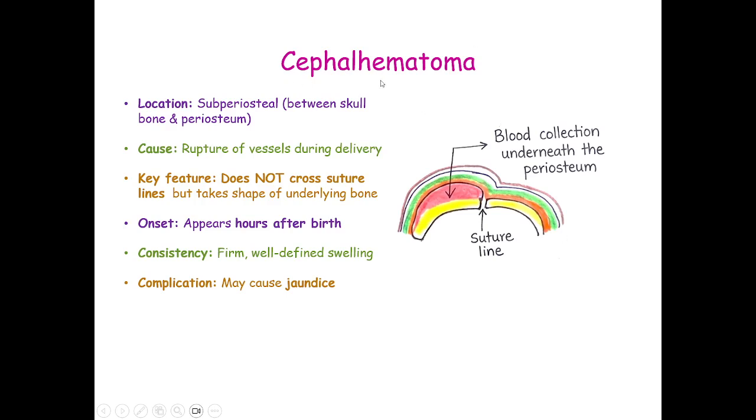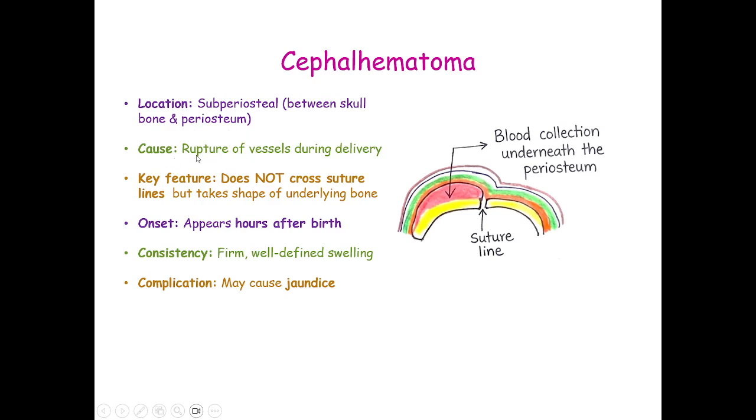First, cephalhematoma. So there is occurrence of hematoma deep to the periosteum. The yellow colored is actually the bone, flat bone. You can see the diploe and the outer table, inner table are shown. And above that, underneath the pericranium, there is a collection of blood. Location is subperiosteal, between the skull bone and the periosteum.